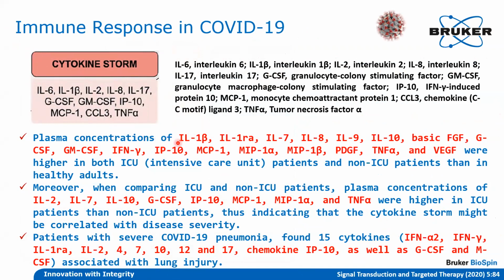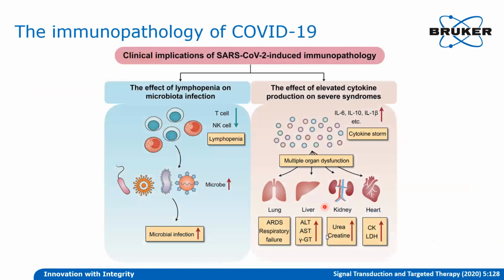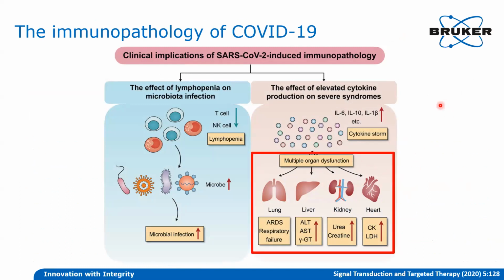There are many individual cytokines or chemokines involved. If the patient suffers from severe clinical features, it is usually associated with multiple organ dysfunction or multiple organ failure, which will always link to the cytokine storm.